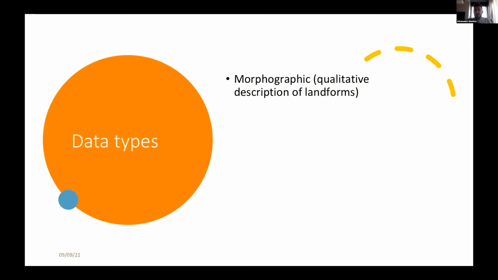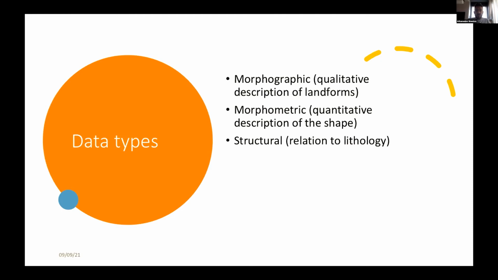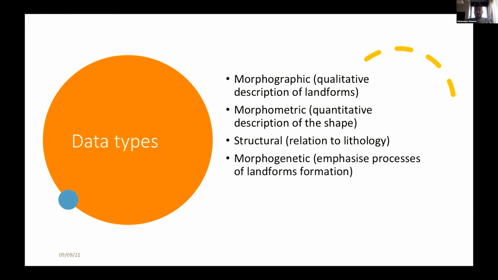We have the morphographic data, the qualitative description of landforms. Then the morphometric, which is the quantitative description of the shape of the landforms. The structural, anything related to geology. The morphogenetic, anything related to the processes that form these landforms. And last but not least, the chronological, which is the time aspect of the landscape evolution.